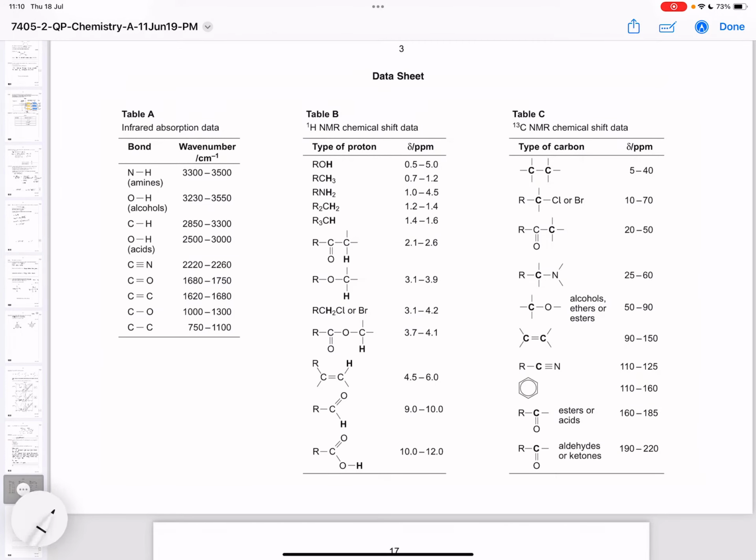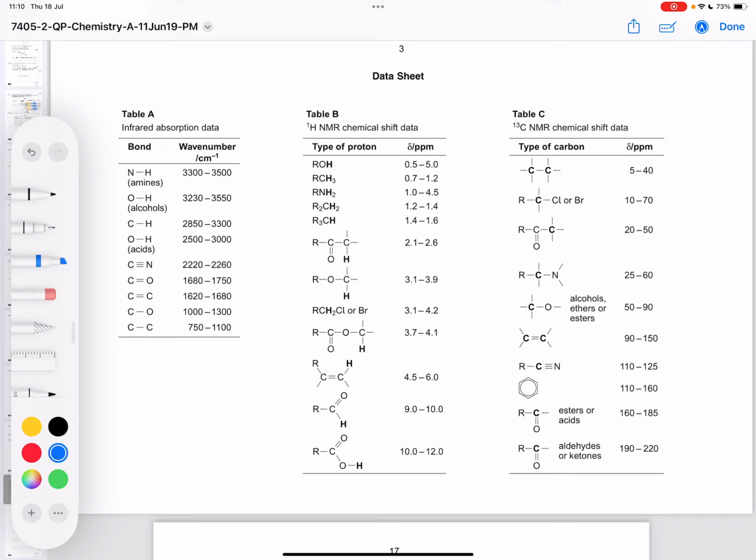So we're looking for C double bond O in an aldehyde or ketone. We're looking for next to a C double bond O, and then just CC. So 190 to 220, 20 to 50, and 5 to 40.